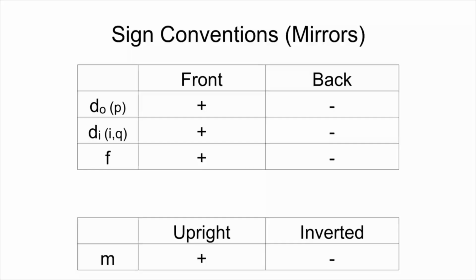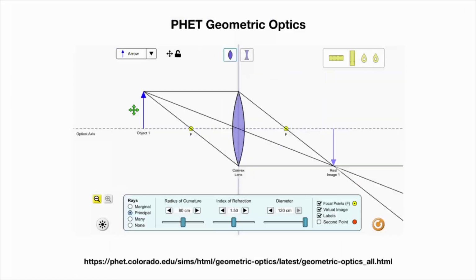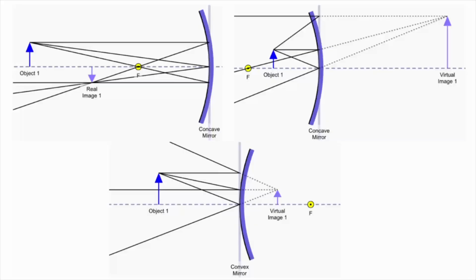The front side of a mirror is the shiny side. It doesn't matter if it's curved or flat. The front side is the reflective side. In all of the diagrams I have on the screen, the front side is on the left.